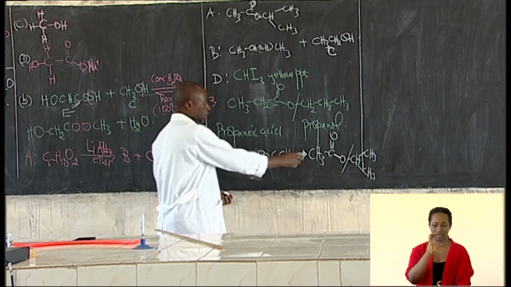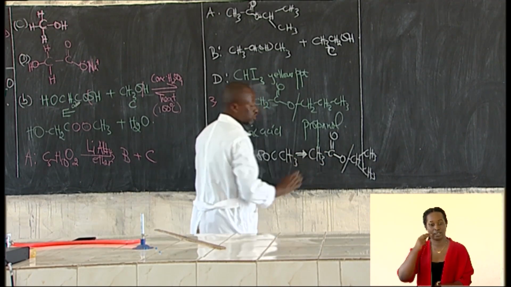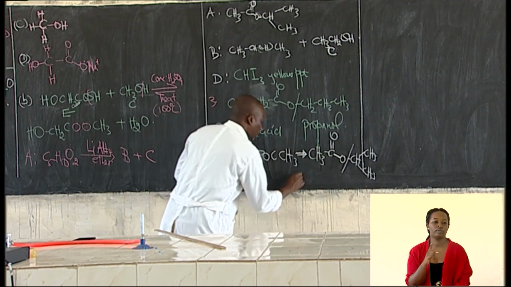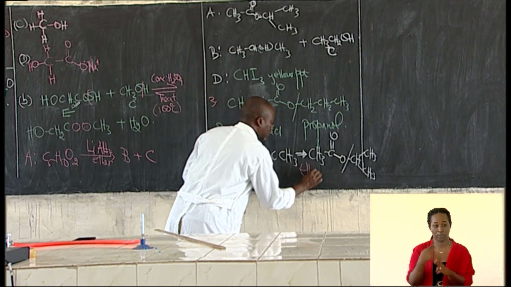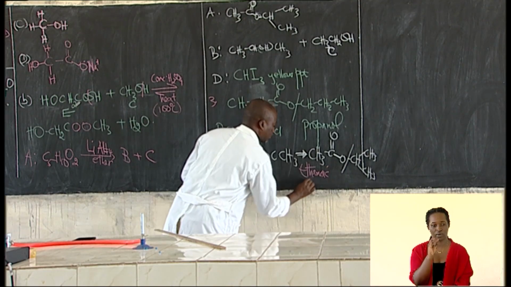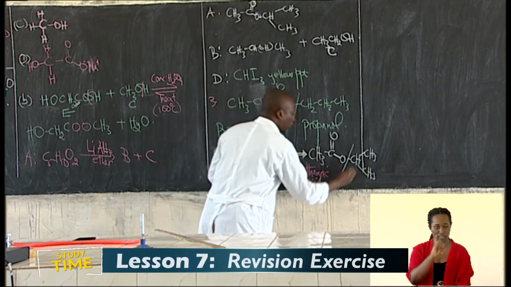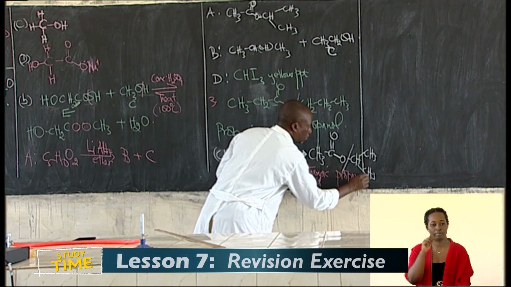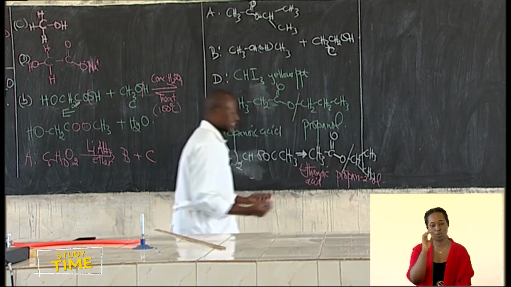So which one is there? This is a carboxylic acid with 2 carbon atoms. So this one will be ethanoic acid. And this one will be propan-2-ol. Propan-2-ol, that is the alcohol.